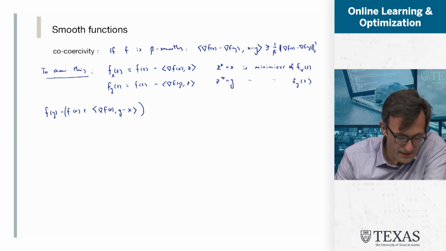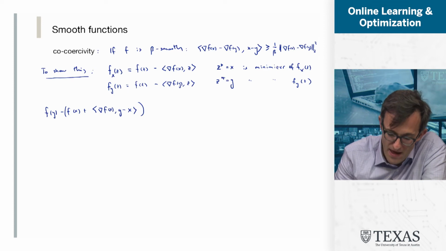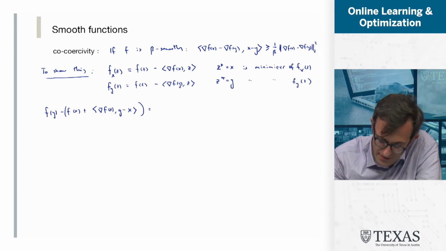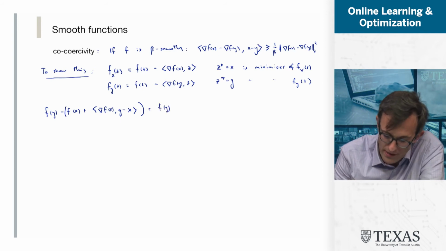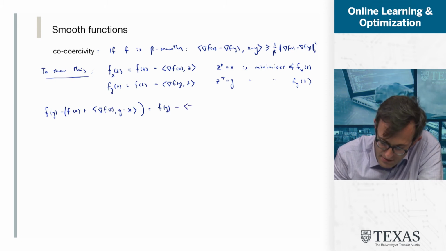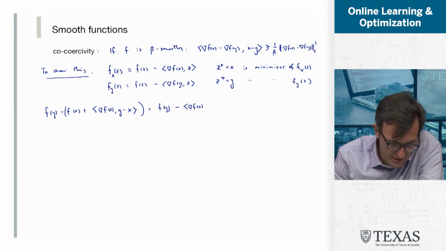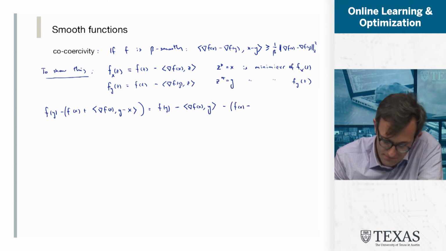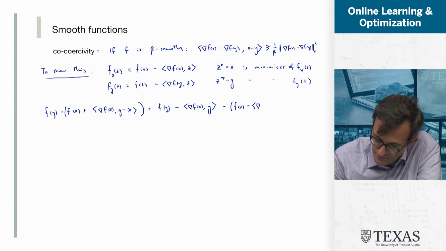In this case, I can express this in terms of f sub x of z. Just to see that, let me group it a little differently: f of y minus gradient of f of x with y, first term, minus f of x minus gradient of f of x with x.